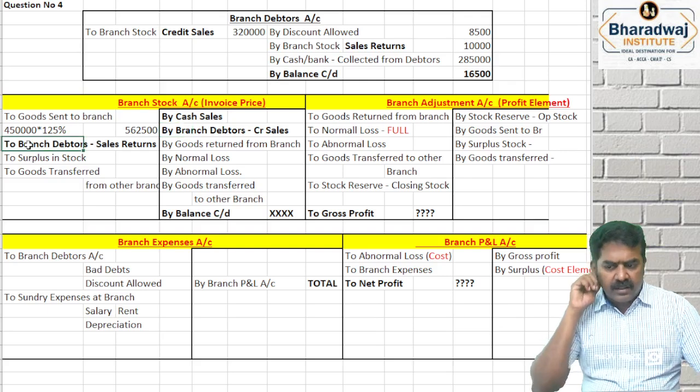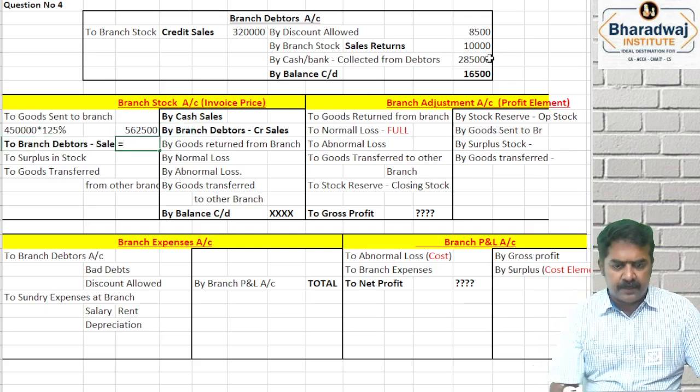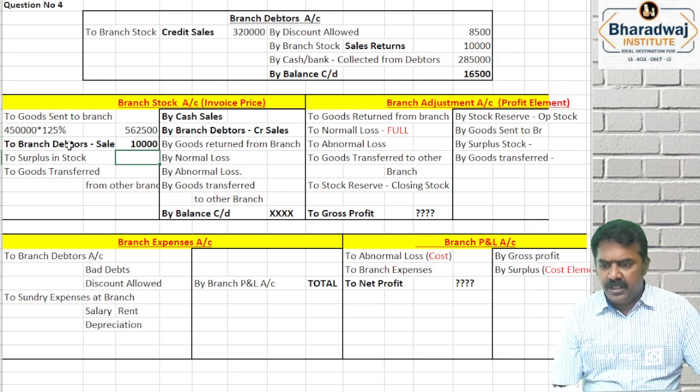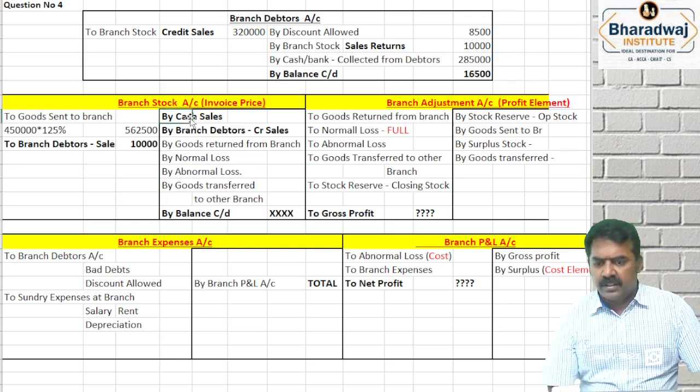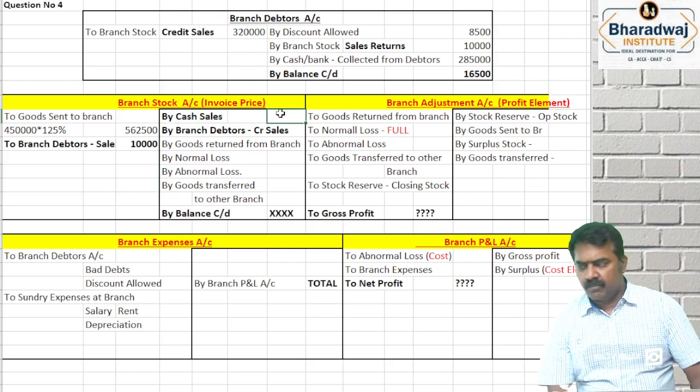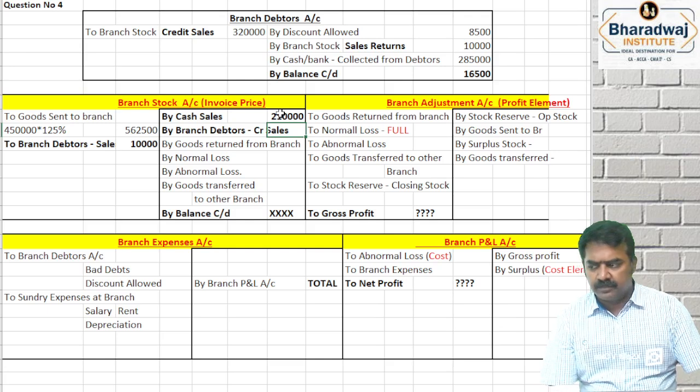Then debtors, the sales returns 10,000. Any surplus in stock given? No. Then cash sales, how much? 2,10,000. Credit sales? 3,20,000. Any goods returned from branch? No. Any normal loss?